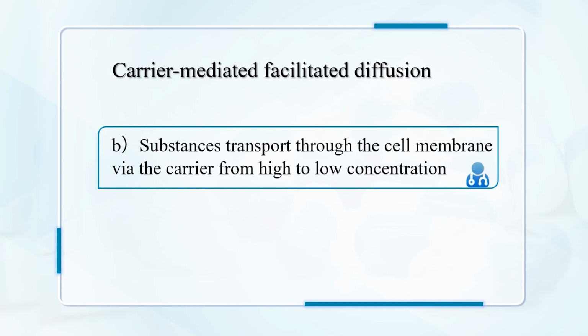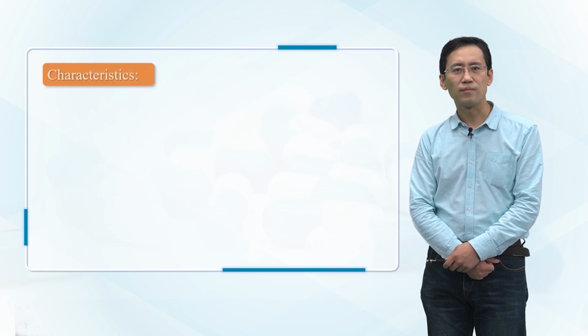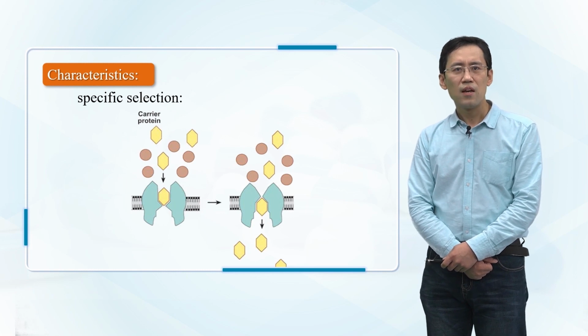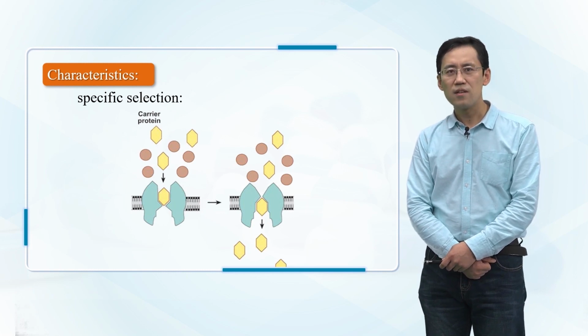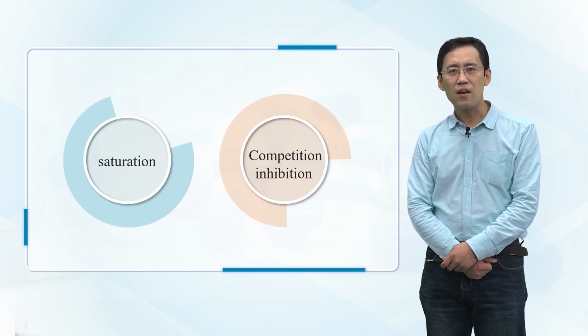Let's move to carrier-mediated facilitated diffusion. The substance is transported through the cell membrane by the carrier from high to low concentration. The characteristics include specific selection, saturation, and competition inhibition.